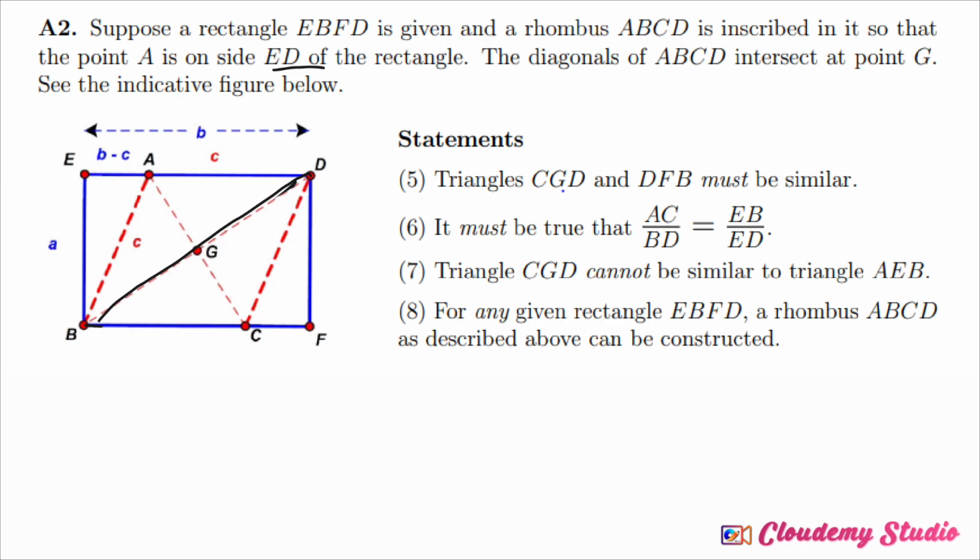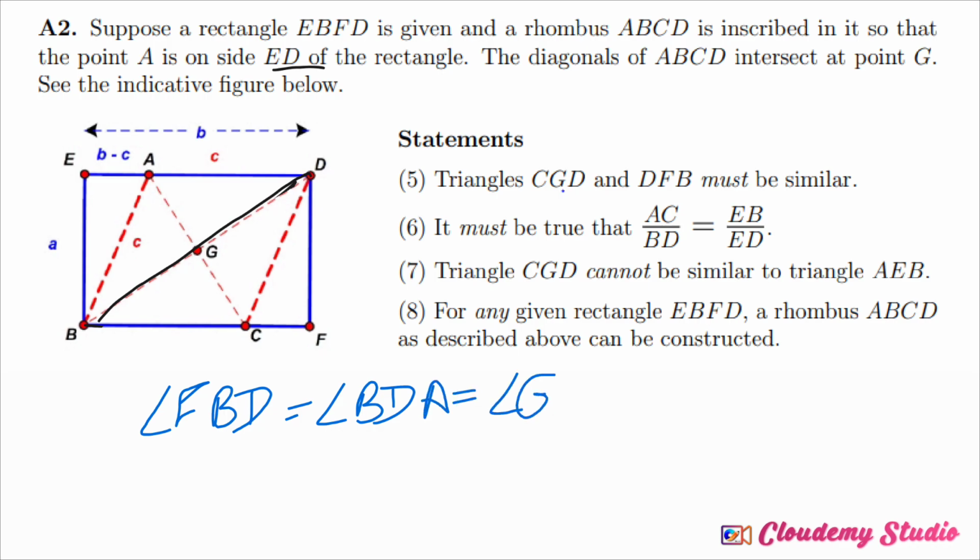So if we see, because our triangle FBD equals BDA equals GDC, and what are these two triangles, CGD and DFB?